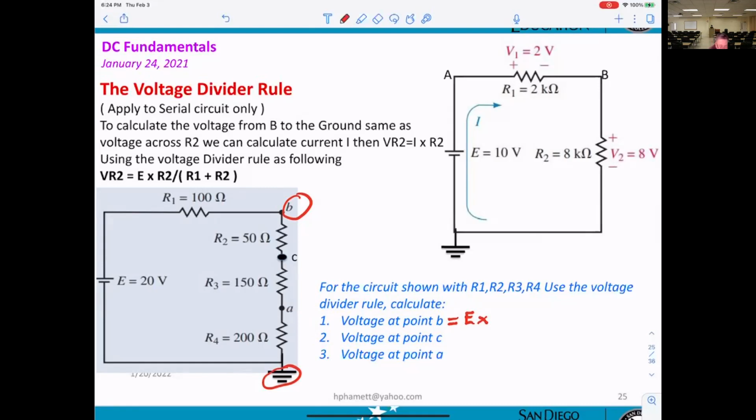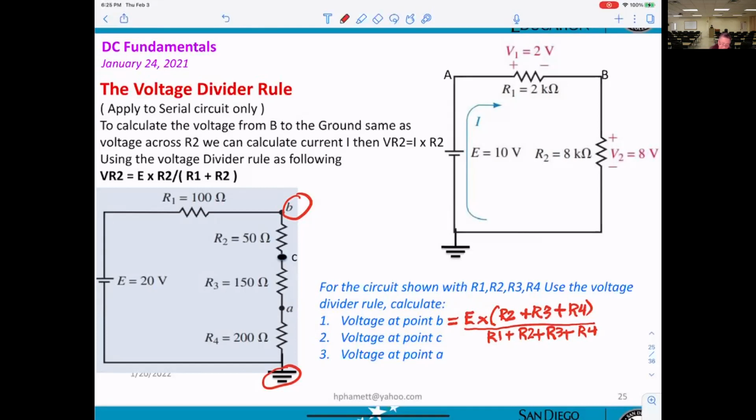So they will be multiplied by what? I'm telling you: R2, R3, R4, divided by total resistance. Okay, that's the voltage divider law.